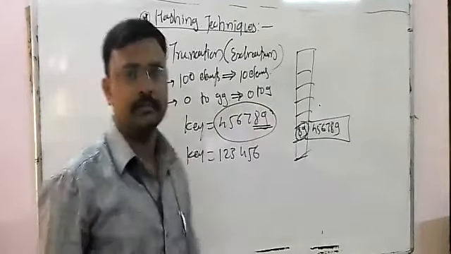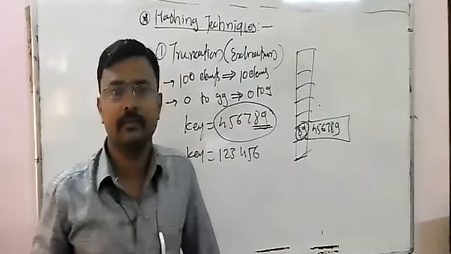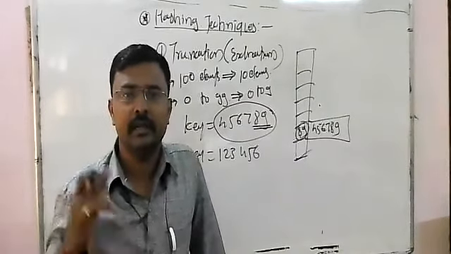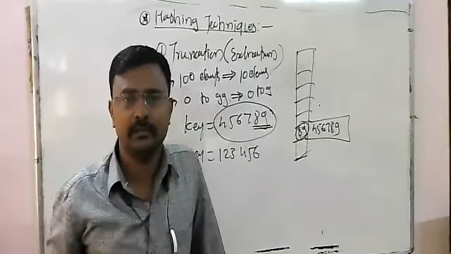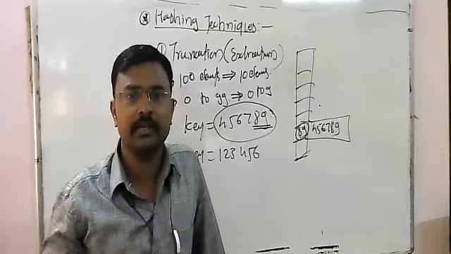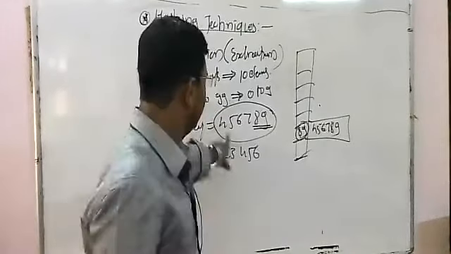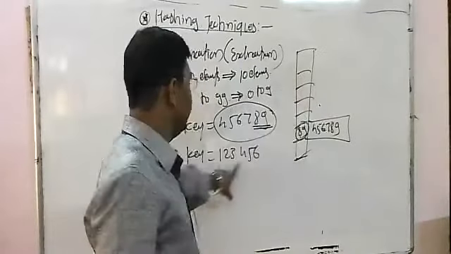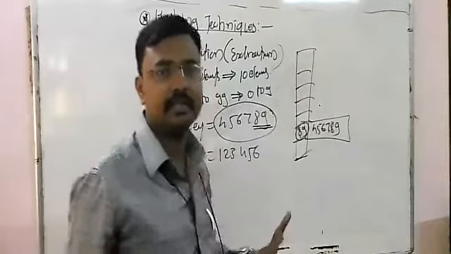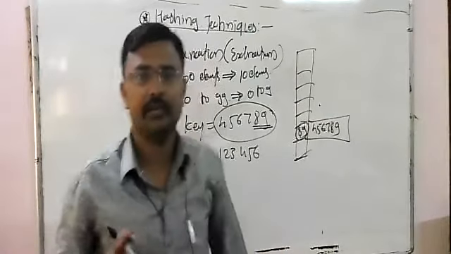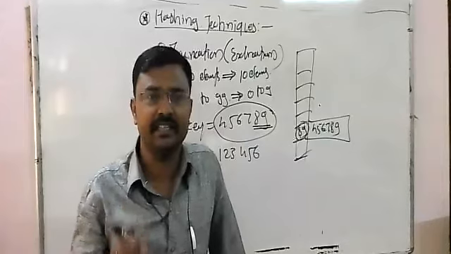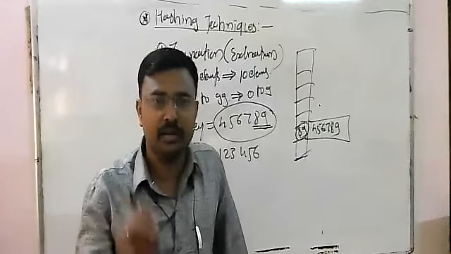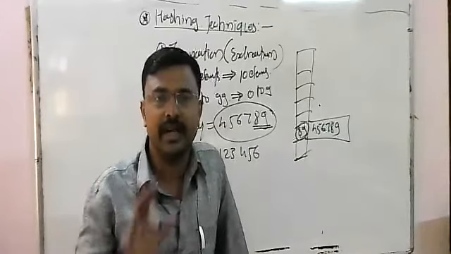Then in such a case, extract the last one digit. For this number, its index is 9, for this, its index is 6. Got it? The first hashing technique is nothing but truncation, also called extraction.